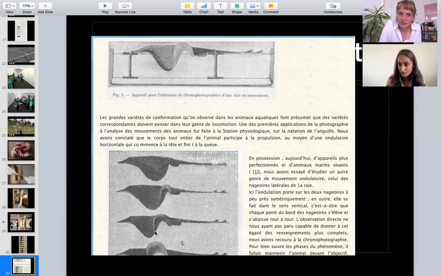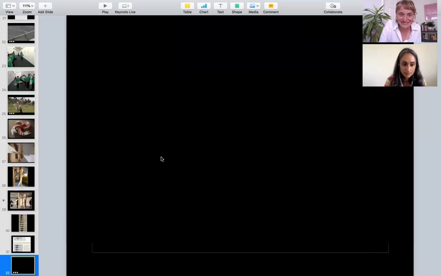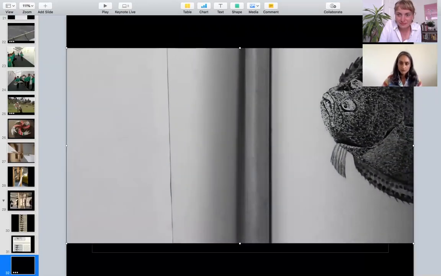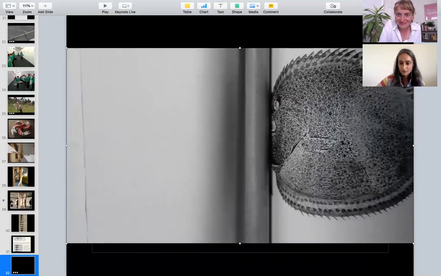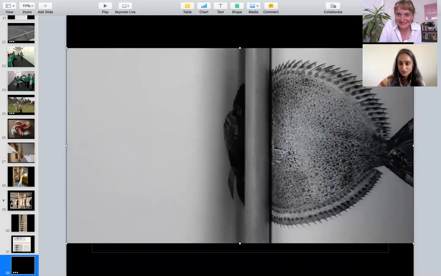So this is my version, and I've only just started it, and I'm studying a flatfish. And here's my flatfish. And I've made my own contraption to animate it.